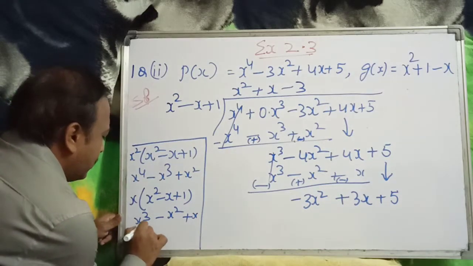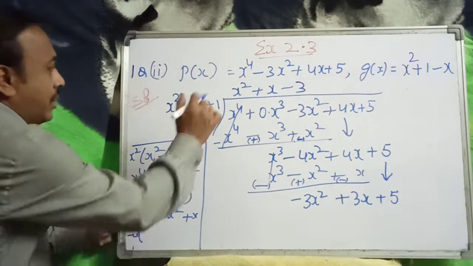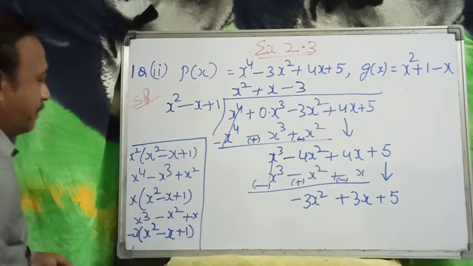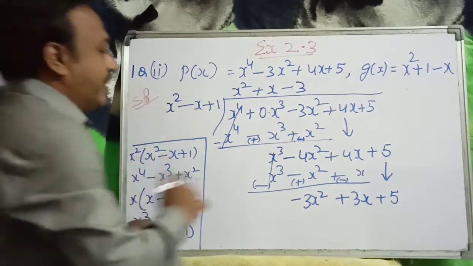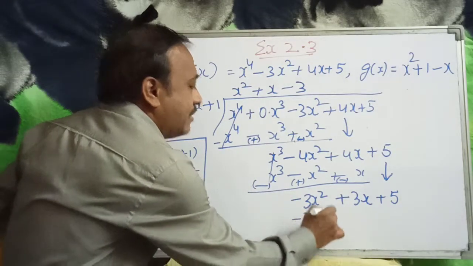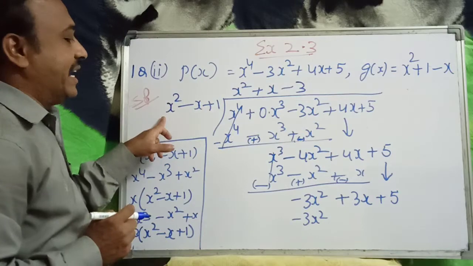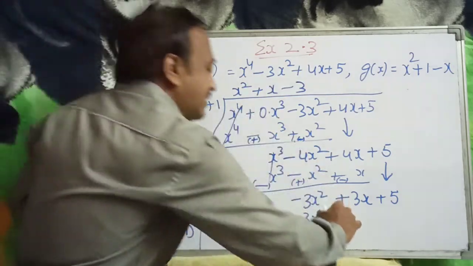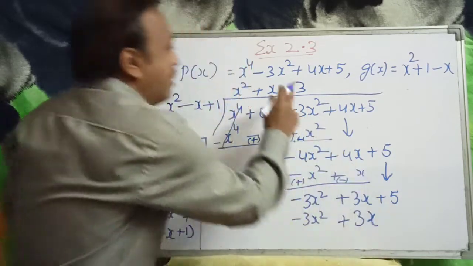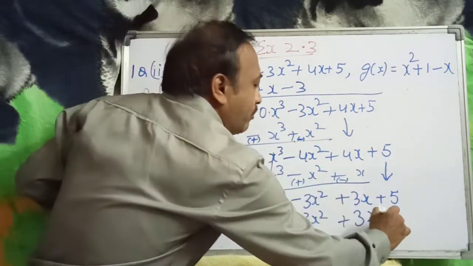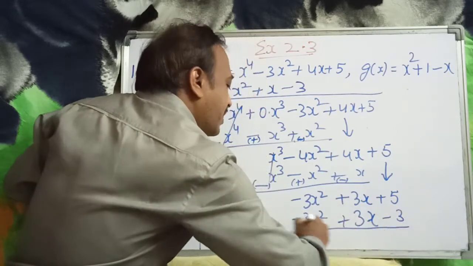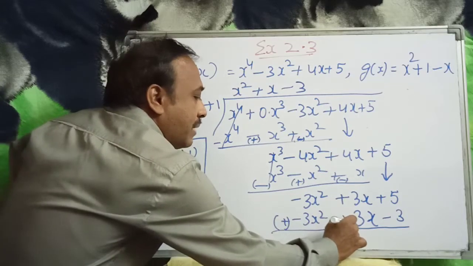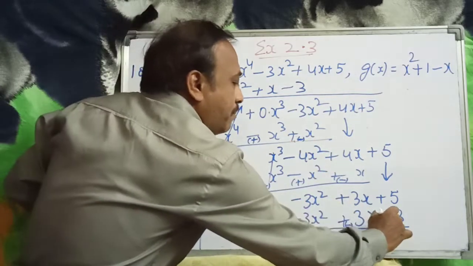Minus 3 into x square minus x plus 1: minus 3x square, minus into minus is plus 3x, then minus 3 into plus 1 is minus 3. Now subtraction: this will become plus, this will become minus, now this will become plus.